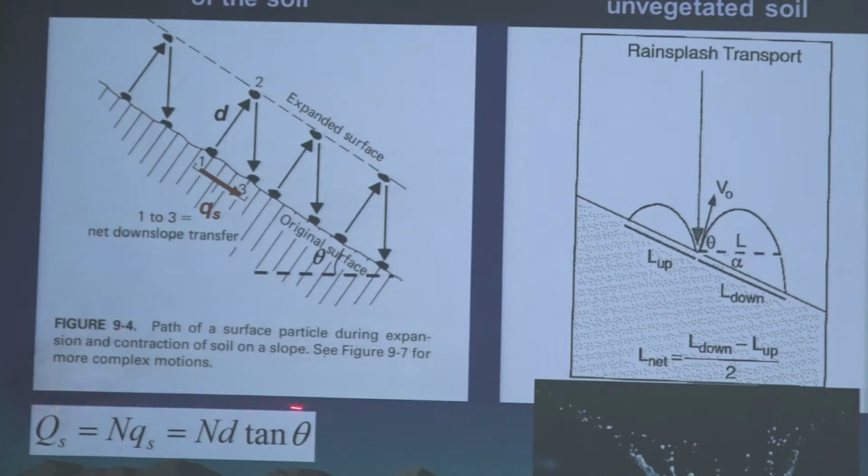So we can see in this process, at first order, that there is a direct correlation between the sediment flux at small scale and the slope of your hill slope. The steeper your hill slope, the higher the flux.